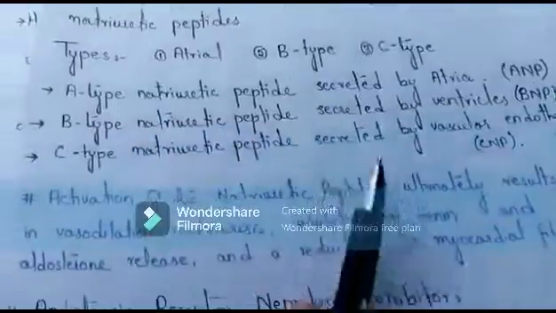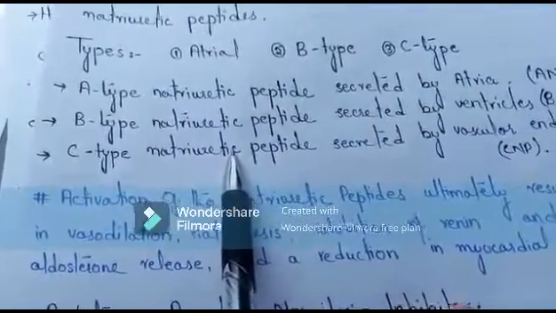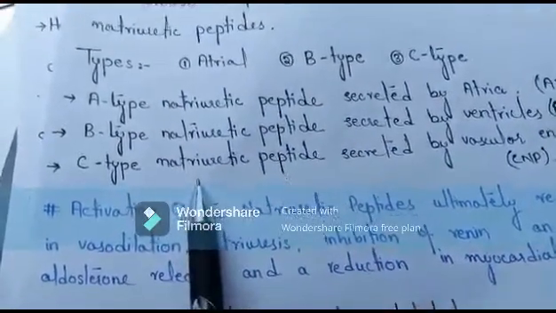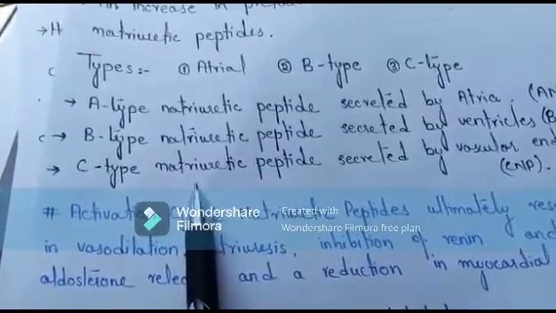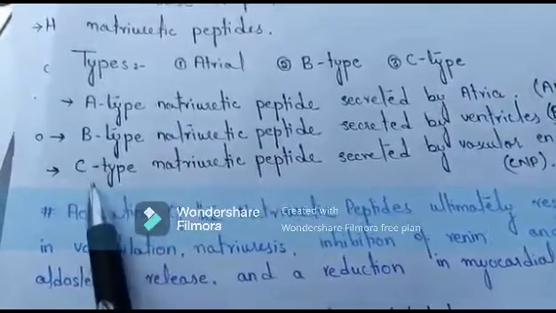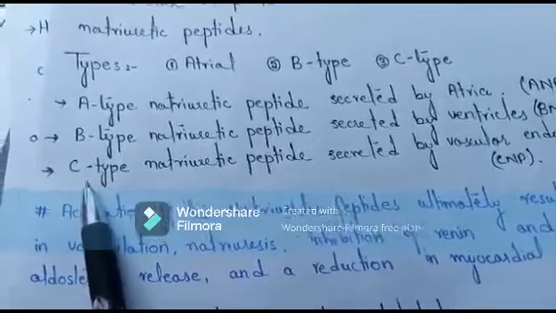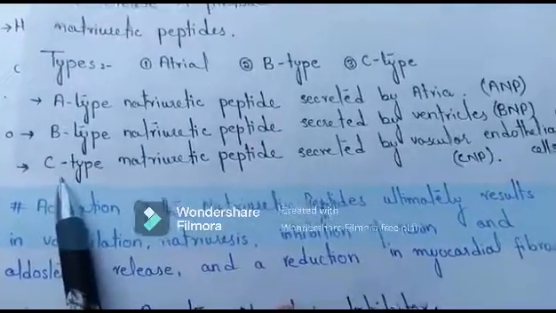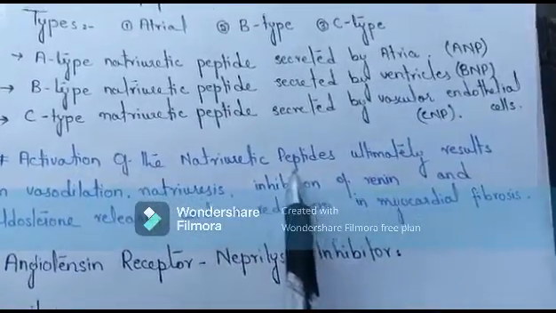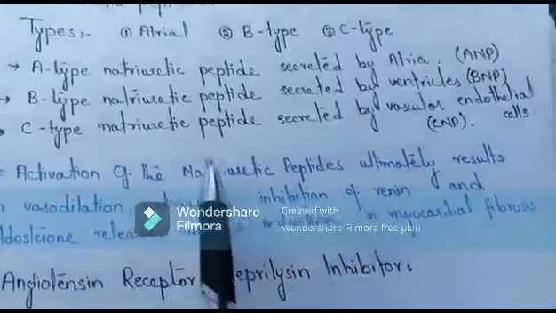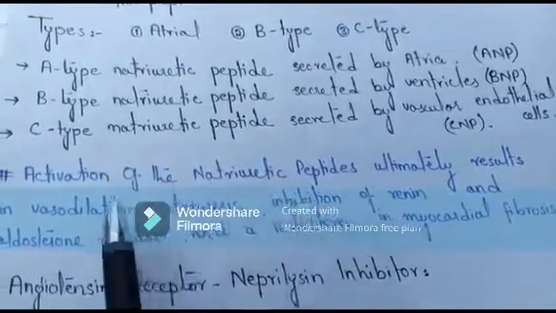And why is the C type natriuretic peptide secreted? It is because the increase in preload increases the pro-inflammatory mediators, so they are released in response to the pro-inflammatory mediators.